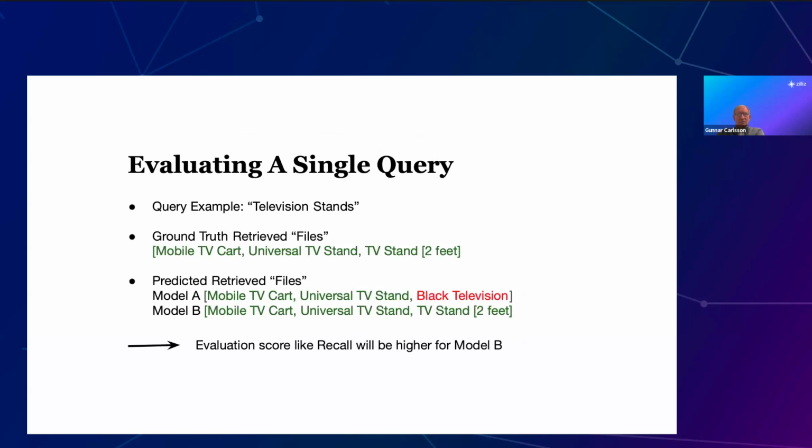It could be TV carts, or TV stand 2 feet. When you do the evaluation, it's going to be compared against these ground truth labels. So for example, here, model A incorrectly predicts black television, which is just different than a TV stand, which is what the person was looking for. The evaluation score will reward the model that is actually getting the ground truth predicted correctly.